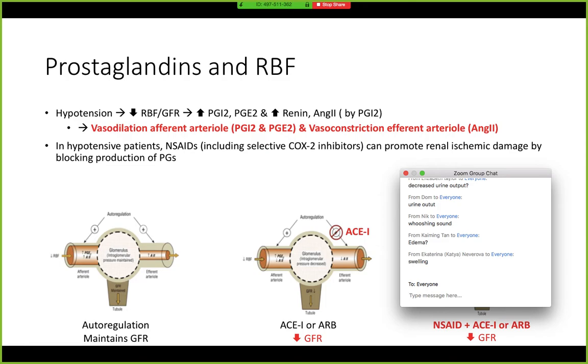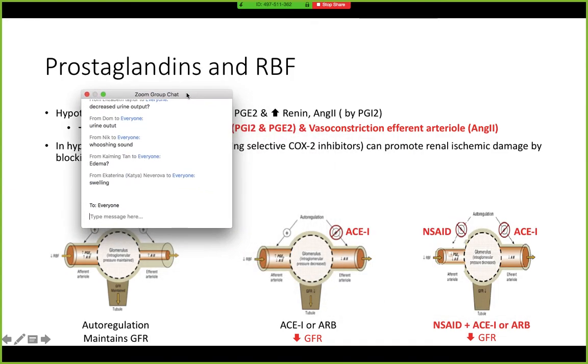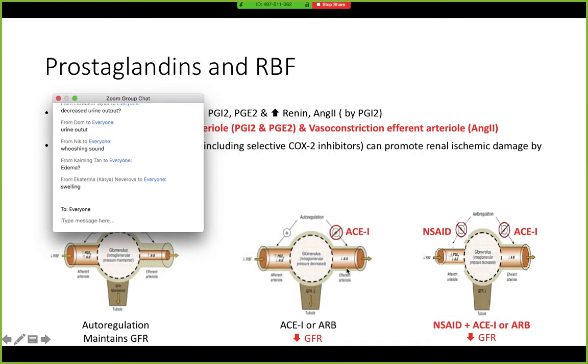So if you think back to those pathways that we talked about in, I guess it was MFM1. But anyways, so yeah, if you give someone an ACE inhibitor, you're getting rid of that efferent arteriolar vasoconstriction.